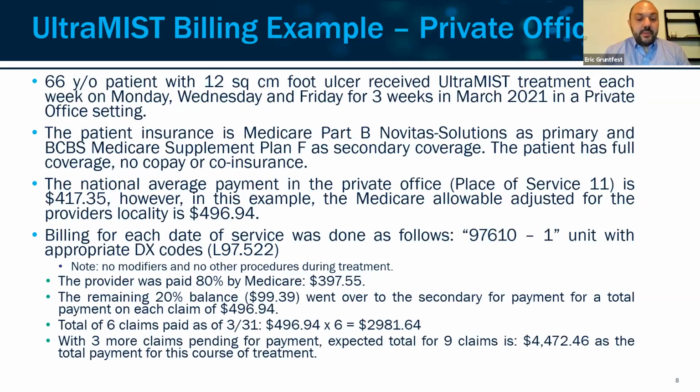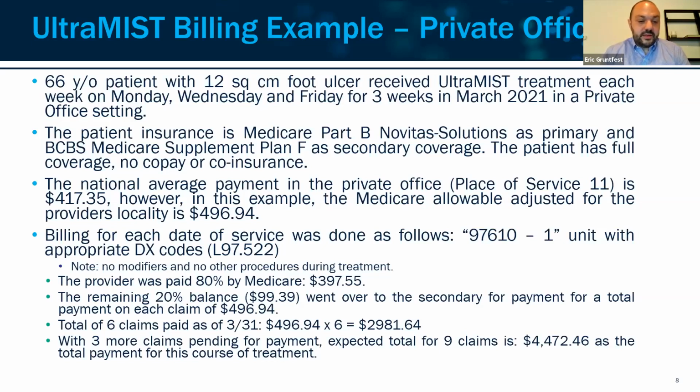As expected, Medicare paid 80% of the $496 allowable, which was just over $397. The remaining balance, which was close to $100, went to the secondary, and the total payment for each claim came out to $496.94, which was their local maximum allowable rate.